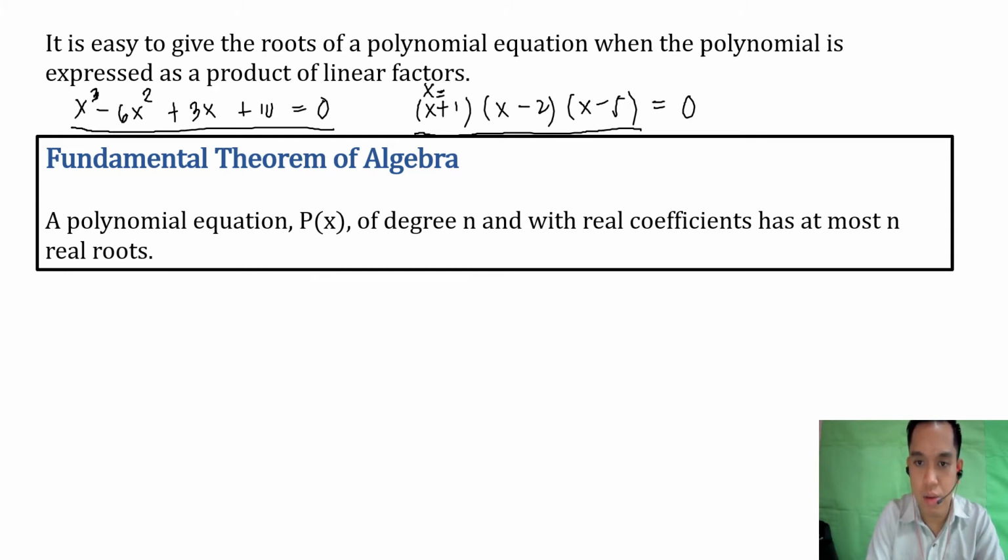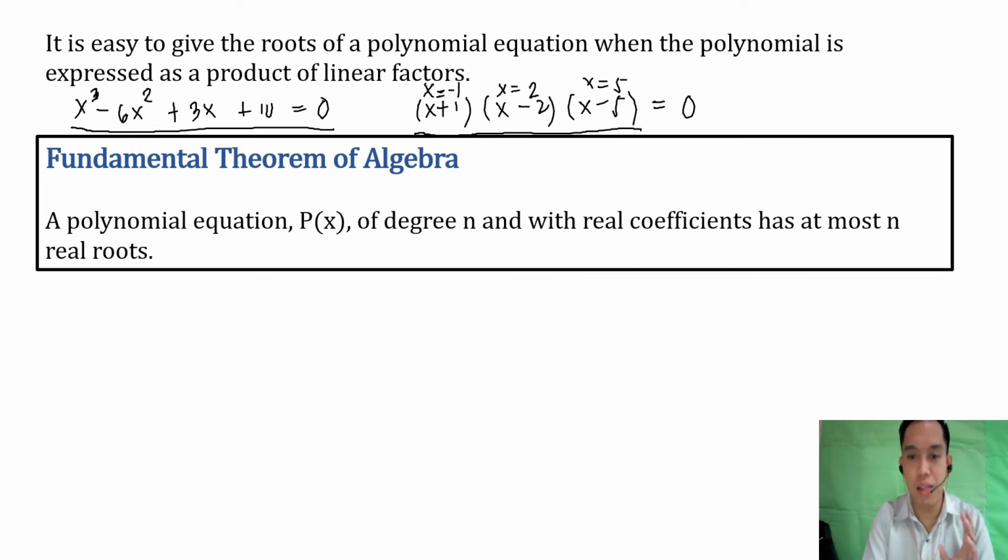X is equal to, okay, negative 1. And dito naman sa x minus 2, if we equate it to 0, the value of x is, okay, positive 2. And dito naman, the value of x is positive 5.